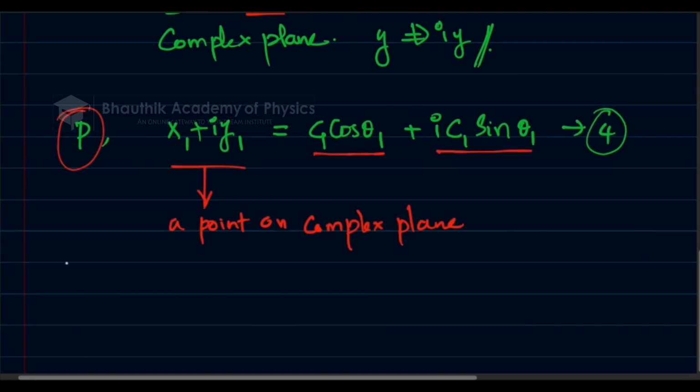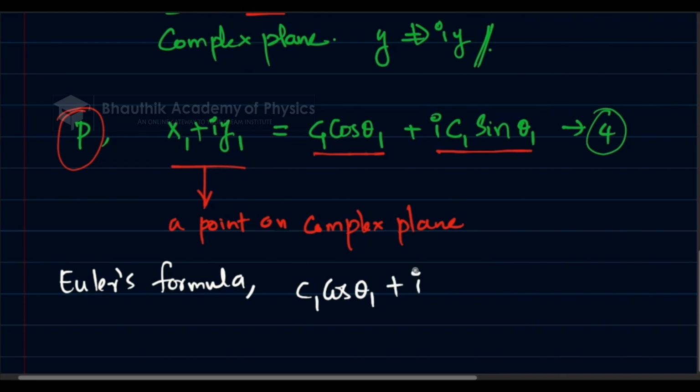Now let me introduce a new formula. We call it Euler's formula. This formula says that c1 cos theta 1 plus i c1 sin theta 1 is equal to c1 e raised to i theta 1.